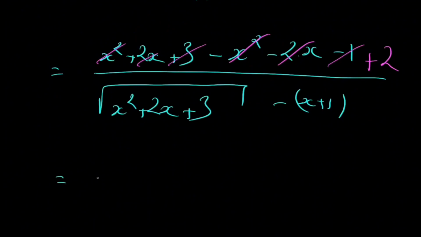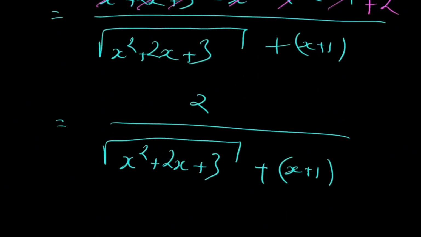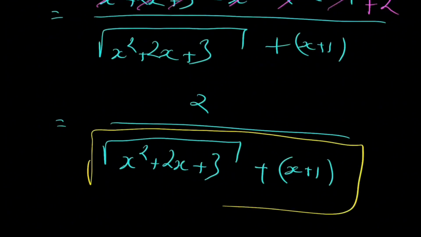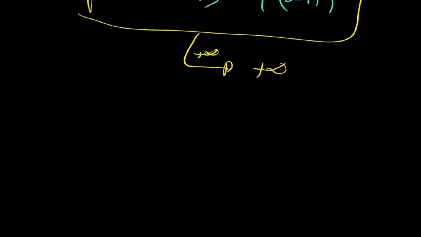And we have something of the form 2 over square root of x squared plus 2x plus 3 plus x plus 1. And this thing at the bottom will tend to plus infinity as x tends to plus infinity. So we will have something of the form 2 over plus infinity, which is equal to 0.